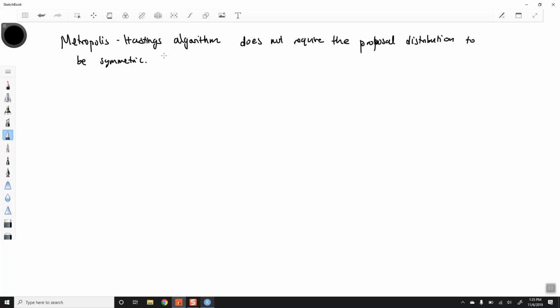Okay, and so the way that works, it's exactly the same. So we're going to call this the MH algorithm.